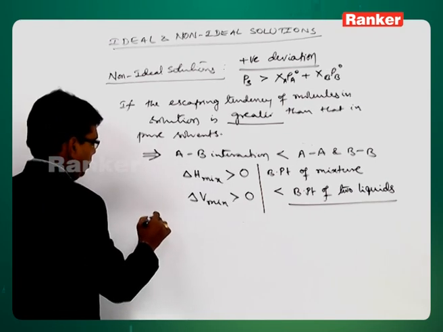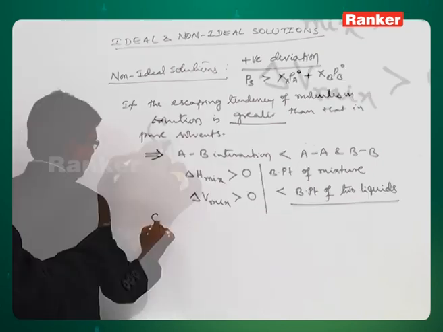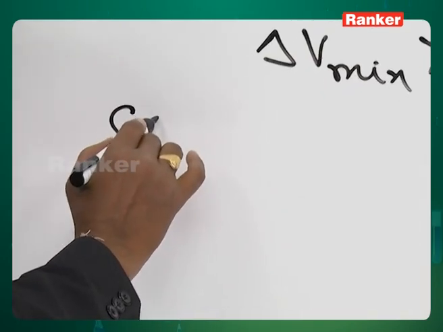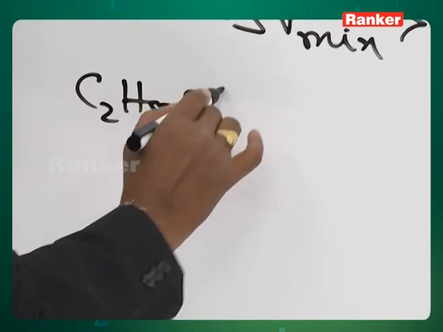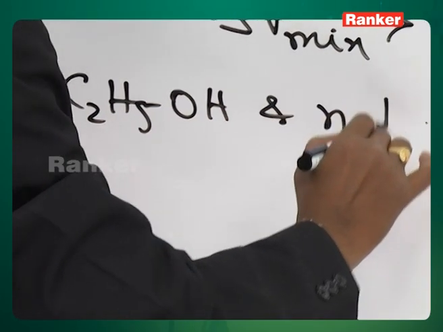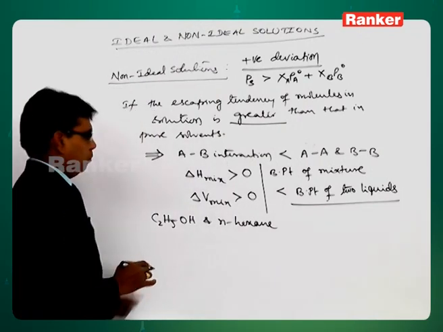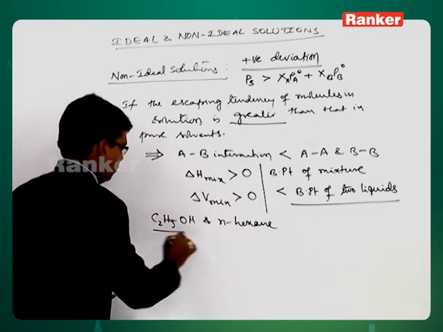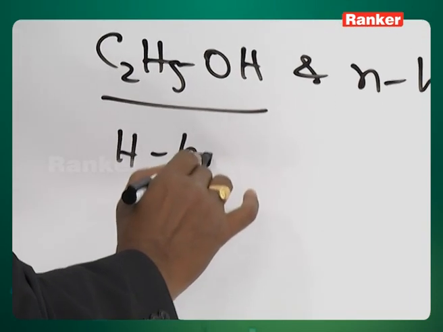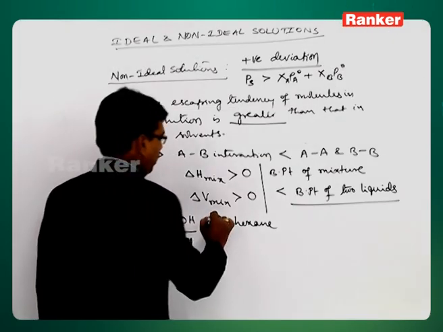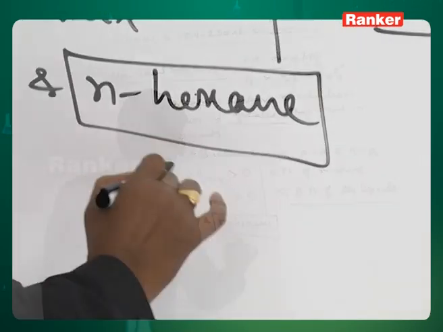So, here what happens is, suppose you take the case of ethyl alcohol and hexane. In pure ethyl alcohol there is a hydrogen bond, but in hexane there is no hydrogen bond.